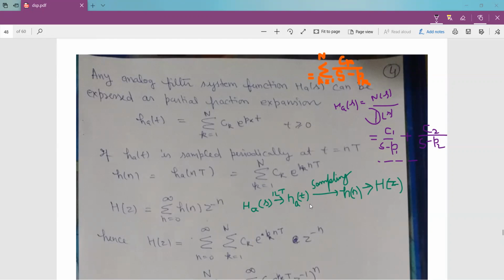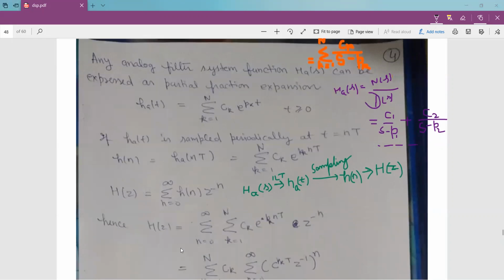Then we do sampling and obtain the digital impulse response of the filter. And after that, by taking the Z transform, we obtain the transfer function of the desired digital filter, that is H(z).